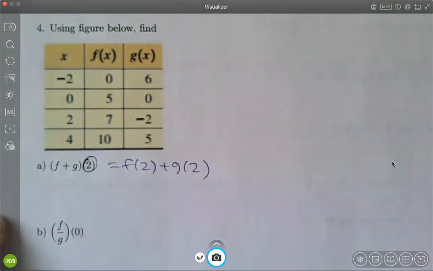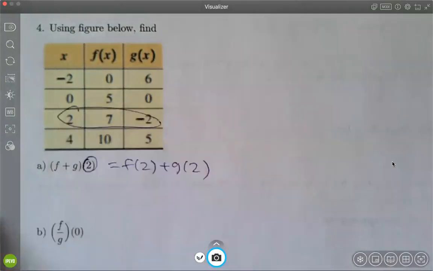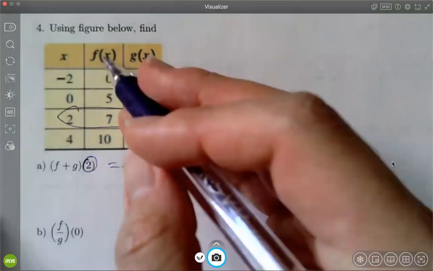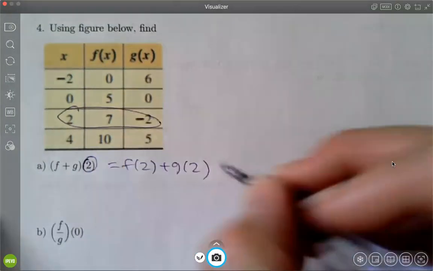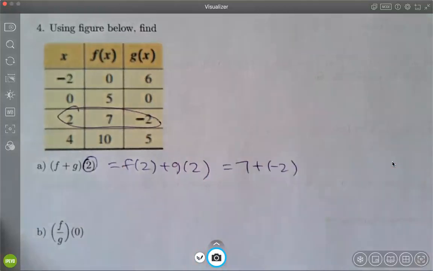Now, how can we find f of 2 and g of 2 since we don't know the equations? Look on the table. And which row are we looking at? The x equals 2. The third one, right? Okay. So when x is equal to 2, we know the outputs, right? So what is this? 7 plus negative 2, 5.